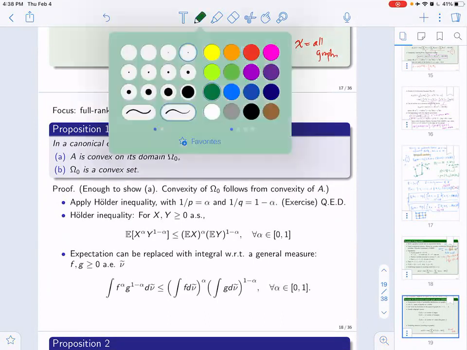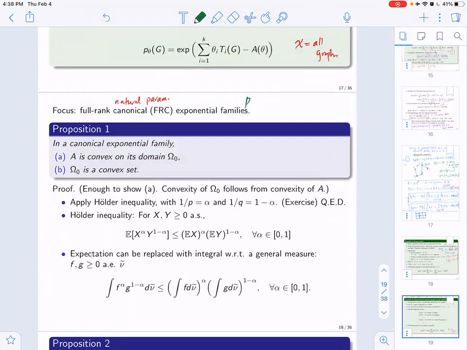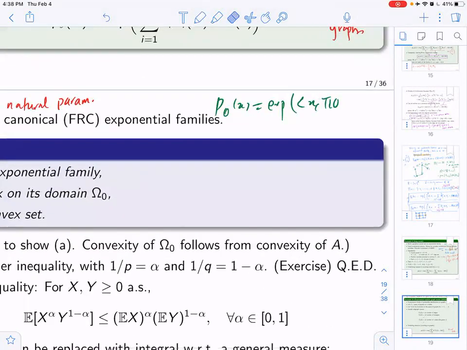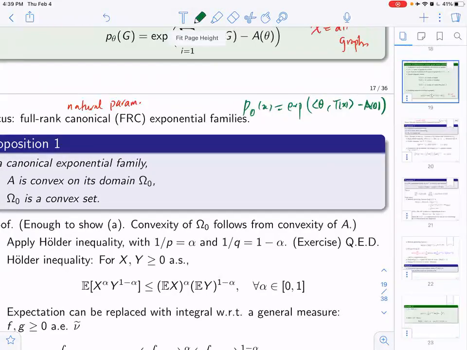This log partition function that appears here, again, the parameter space is a subset of R^d.